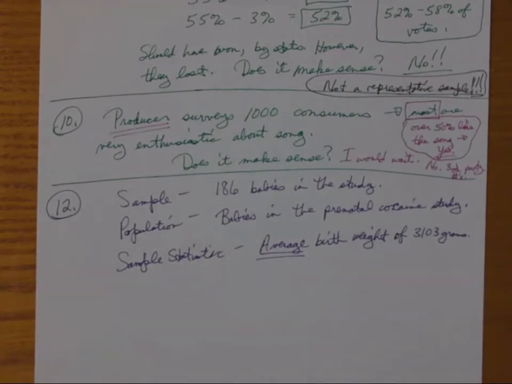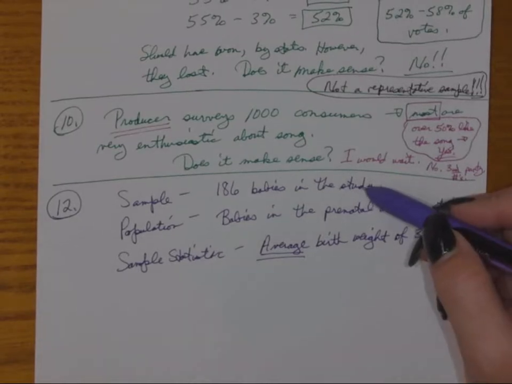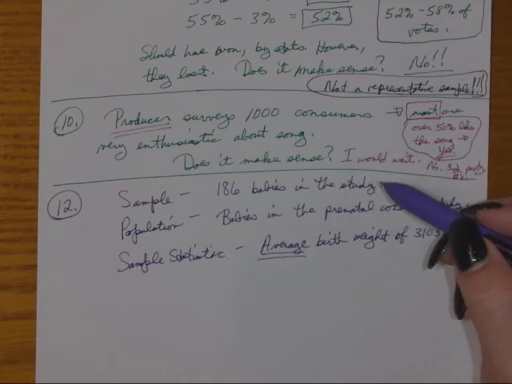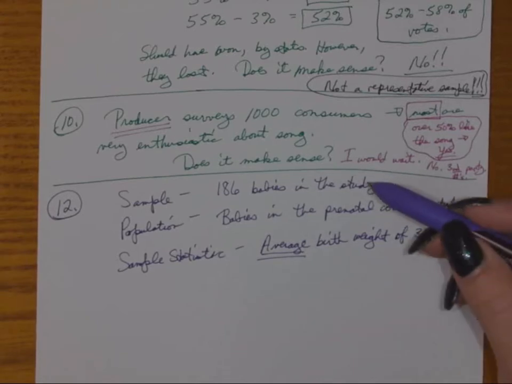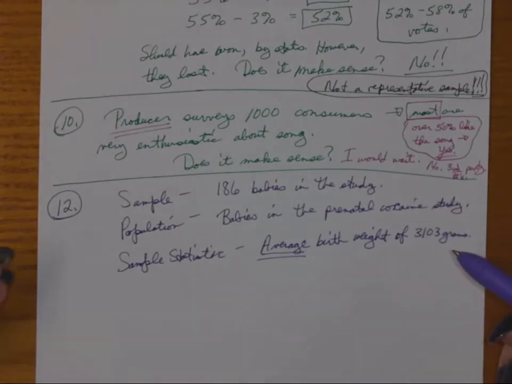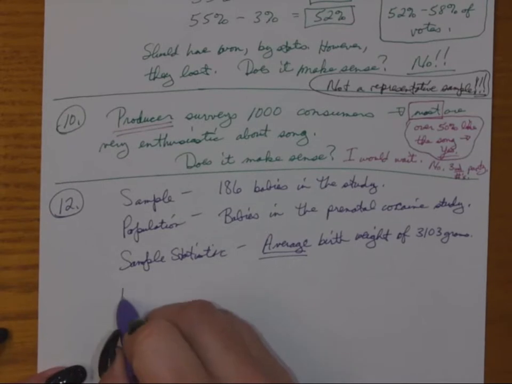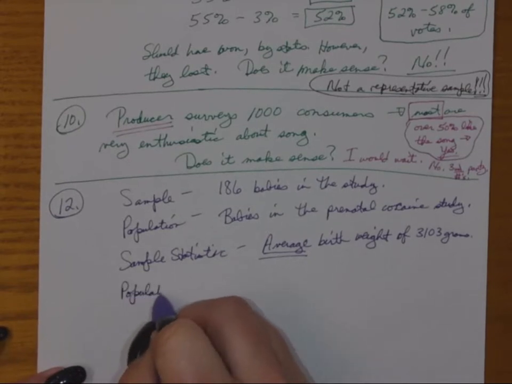That's the takeaway from this. Whenever they say, oh, all these kids were in this study, and we looked at 186 of them. I don't know why 186. That's whatever sample they felt was big enough to give them good data. Okay, 186 of them, their average weight was 3,103. Okay, and then the last thing that the question asked for was the population parameter.